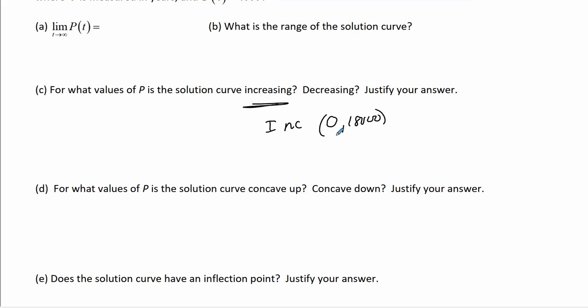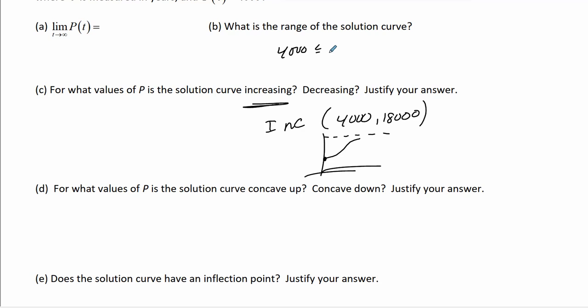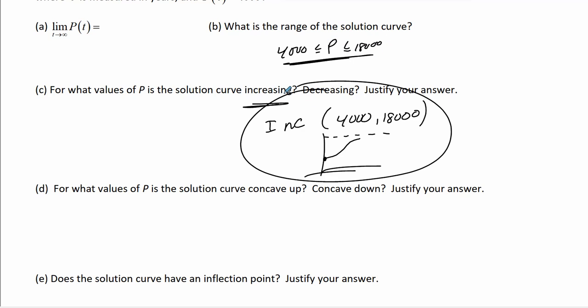It's not from 0 to 18,000, it is only from 4,000 to 18,000. Increasing from 4,000 to 18,000, because remember our graph: this is 4,000, this is 18,000 here, and it goes up like this. So it's increasing up until that value. And again, 0 doesn't work because our solution curve, remember, was 4,000 to 18,000. Sorry about that. Hopefully we fixed it in our notes.